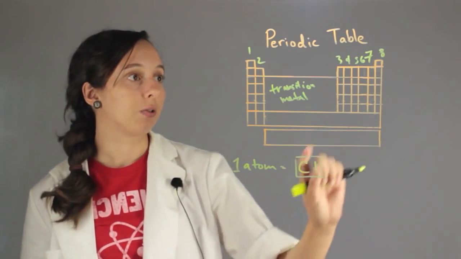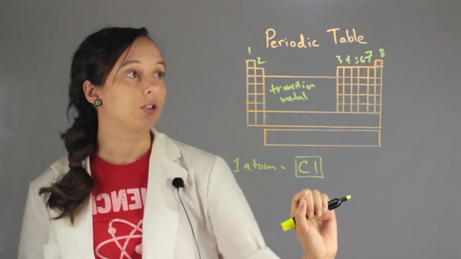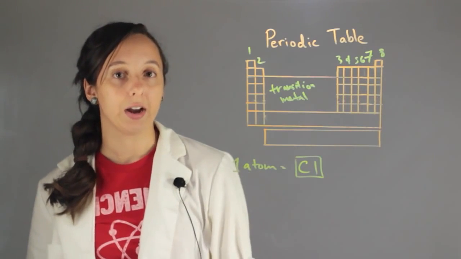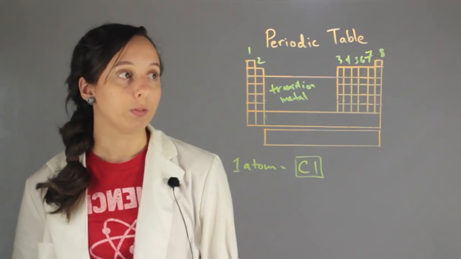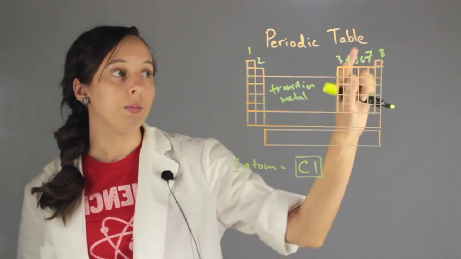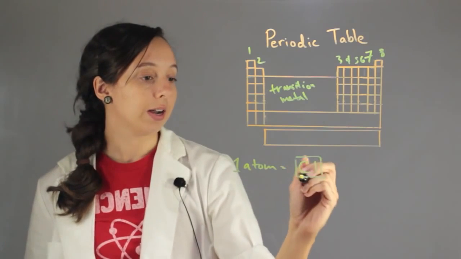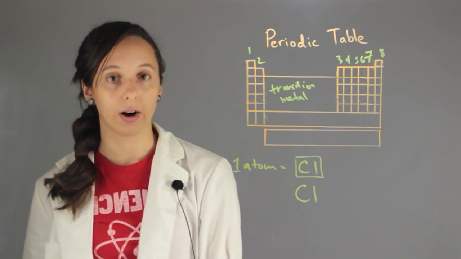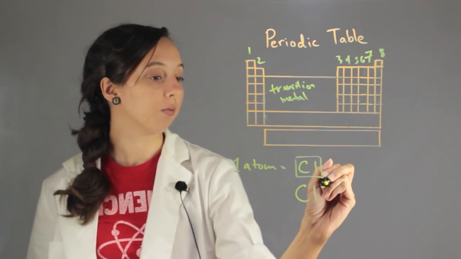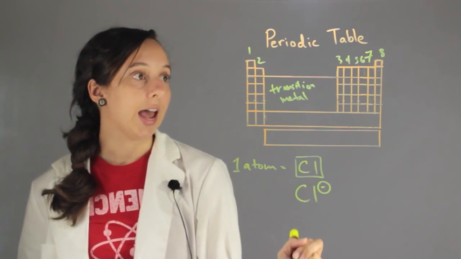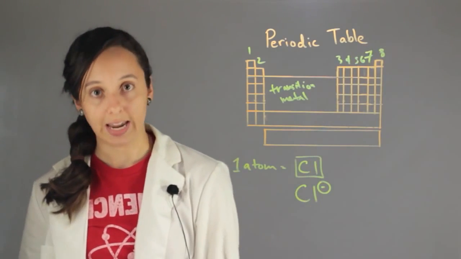So right now, chlorine has 7, and it's going to become 8. So if it's an ion, it has 8 already, which means that it has 1 more electron than it has at a neutral charge. So a chlorine ion, or chloride, is going to have a charge of -1 because it needed to add 1 to 7 to get to 8.